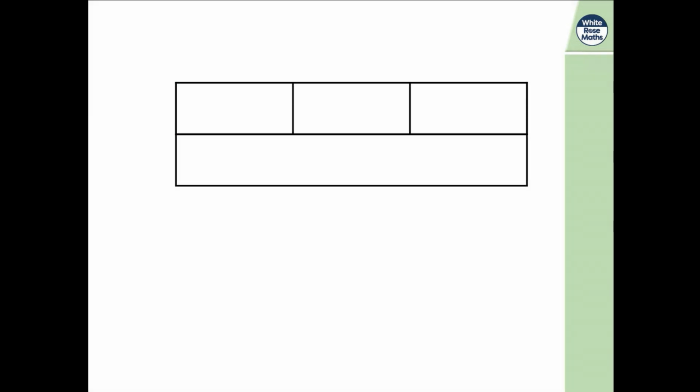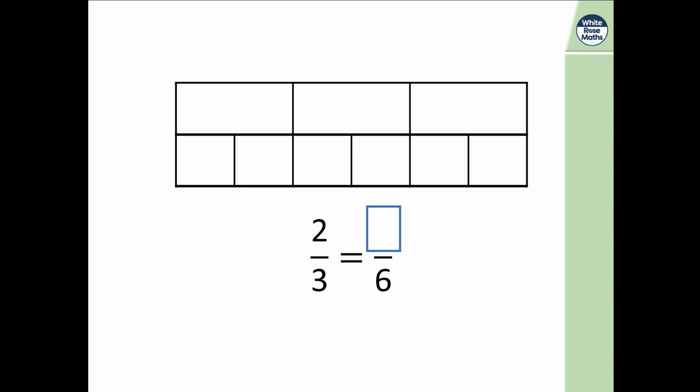We're going to divide the top one into thirds and the bottom one into sixths. Can you have a look at those bars there? What would be the numerator on the sixths? The top bar is 2/3 and the bottom bar is so many sixths. Have a think.